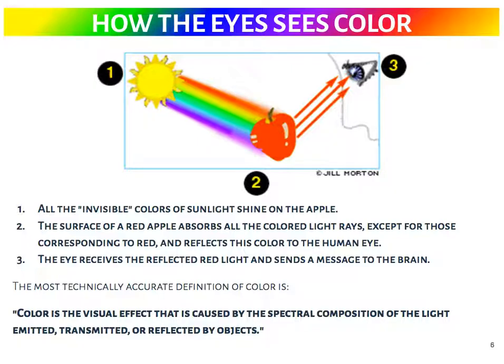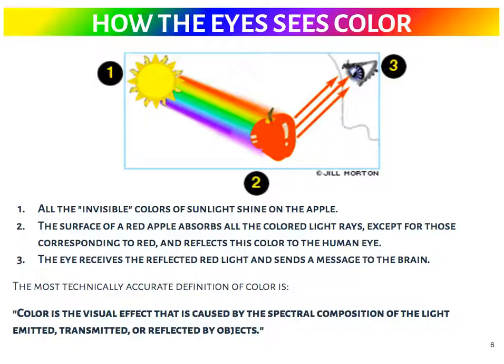Now, the surface of the red apple absorbs all of the light rays, except for those corresponding to red, and it reflects this color to the human eye. So the eyes receive the reflected light and send a message to the brain like, hey, this is red.